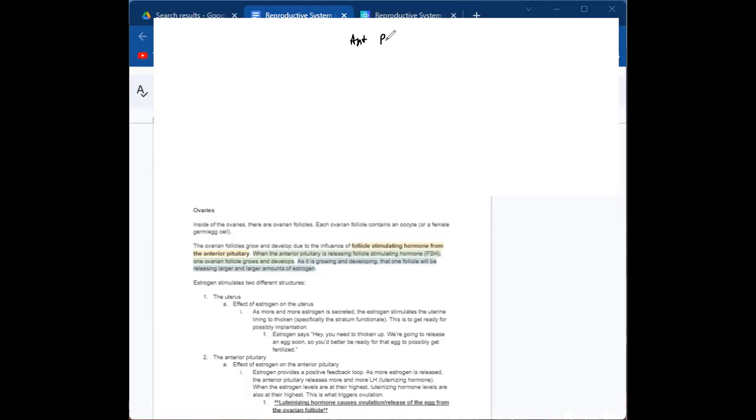So we have the anterior pituitary. And when the anterior pituitary releases follicle stimulating hormone, that's going to go to the ovary, specifically to an ovarian follicle.